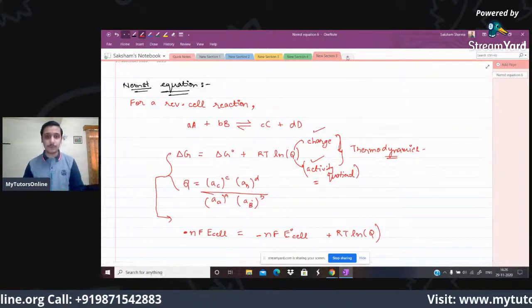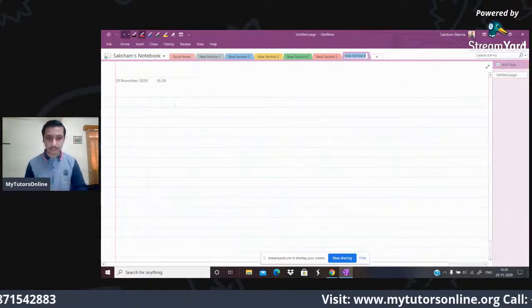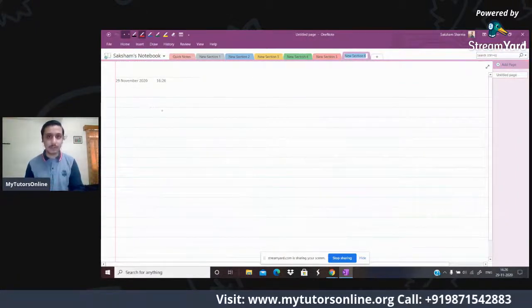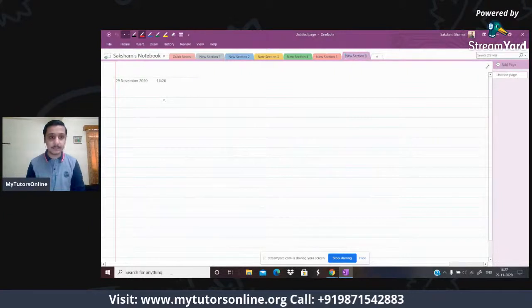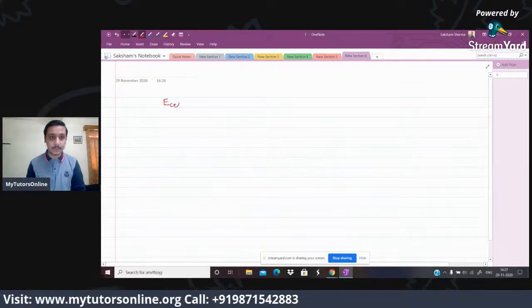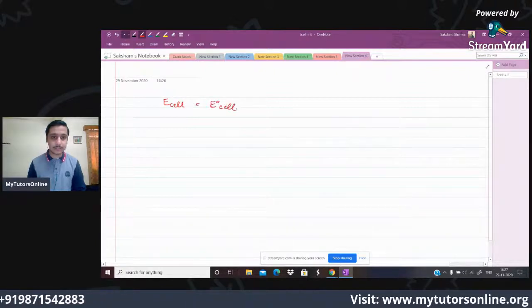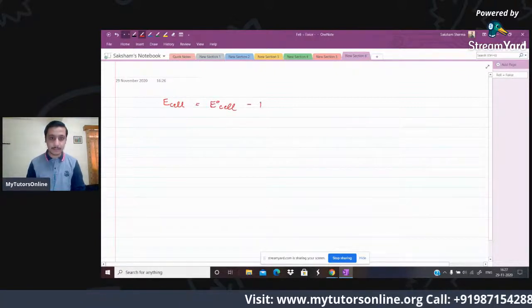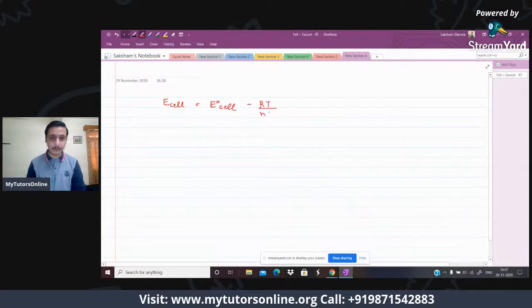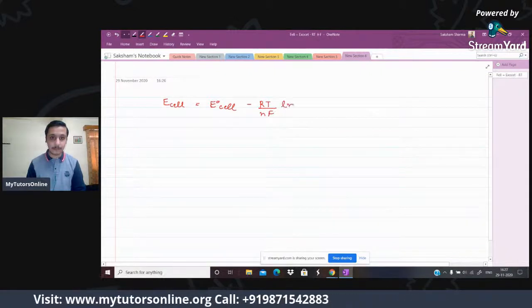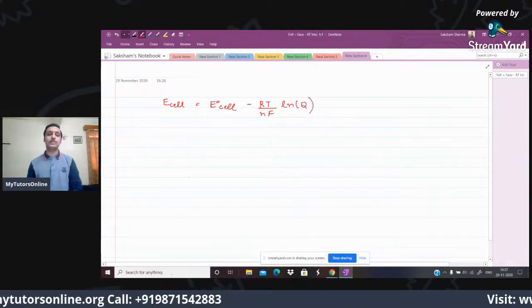So finally, on resolving the whole equation, you get E cell equals E naught cell minus RT upon nF ln(Q).